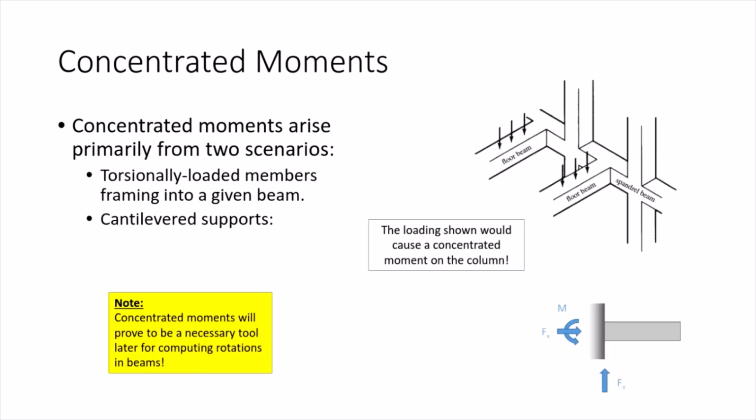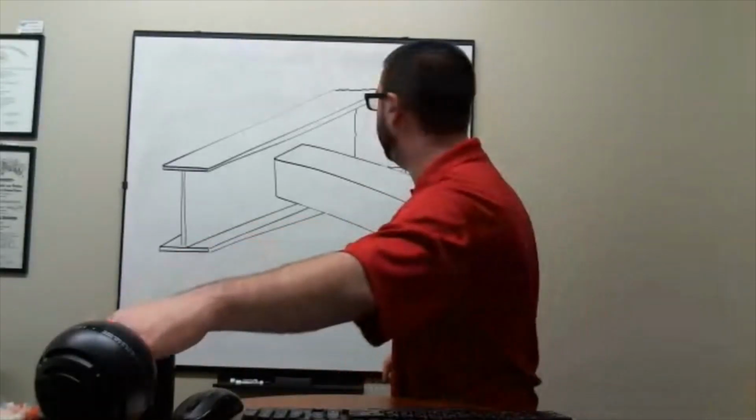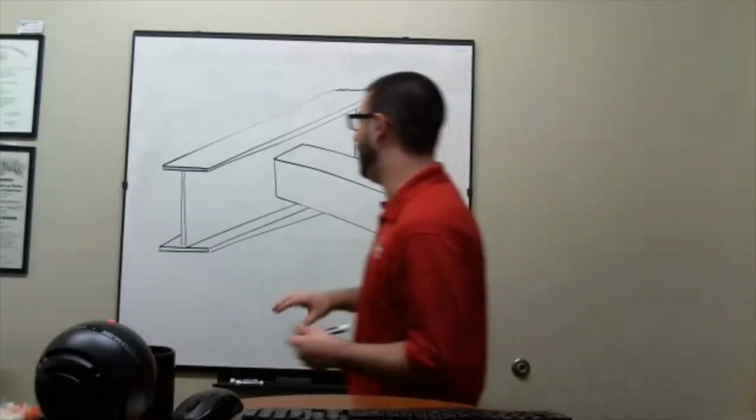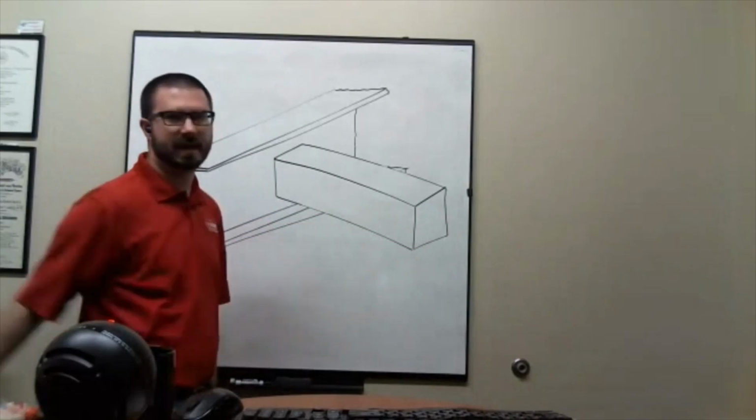Okay, so let me stop the share for a second so you all can see the whiteboard. So I have here on my whiteboard an I-beam, and I tried to draw it in 3 dimensions, and I have a beam framing into it.